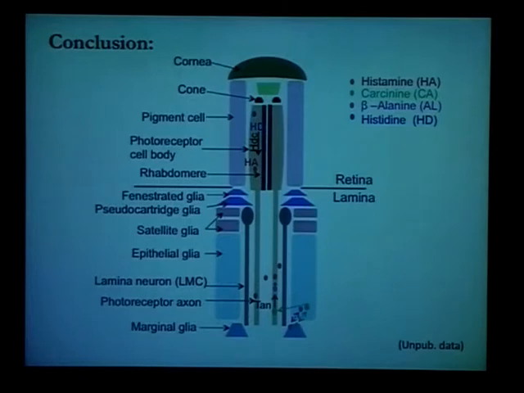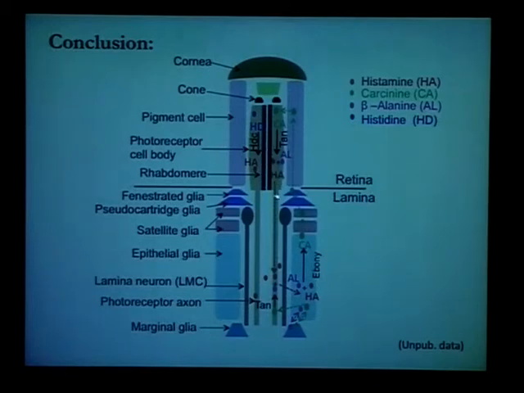Based on this, I conclude that when histamine is taken up by the epithelial glia, it can be conjugated with beta-alanine to synthesize carcinine in the presence of ebony, because ebony is only present in the epithelial glia. Then it is transported through the entire glia network and reaches the pigment cell, and then it goes back to the photoreceptor cell body, where in the presence of another enzyme, Tan, it can be dissociated into histamine and beta-alanine.